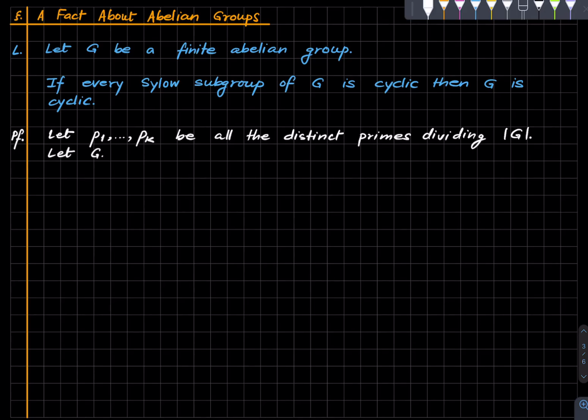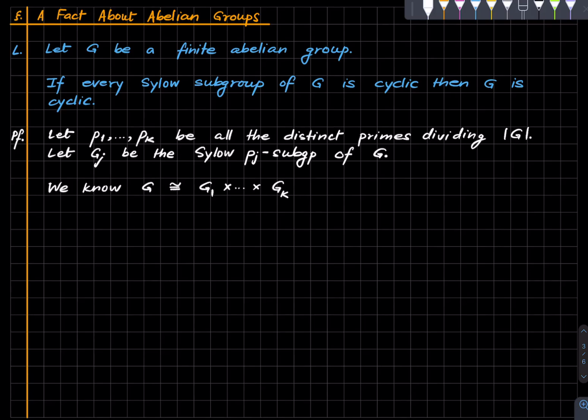Let Gj be the Sylow pj-subgroup of G, and we know G is isomorphic to this product.